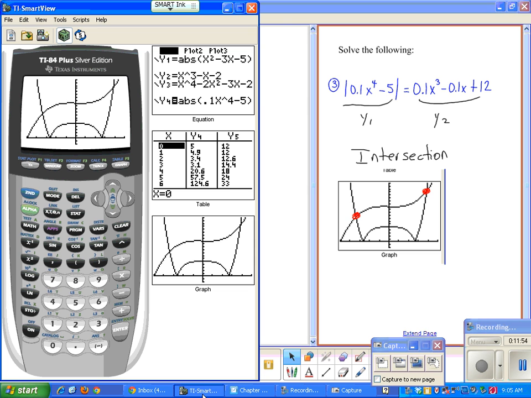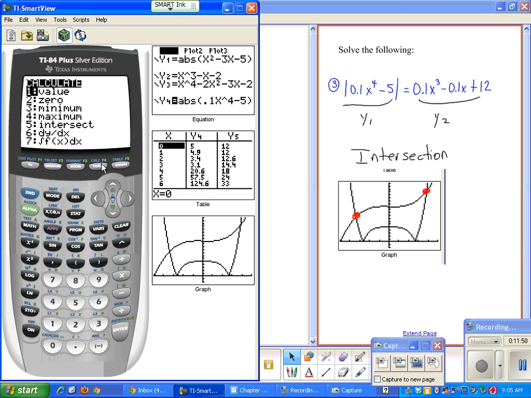So back with our calculators, we're going second, calc, and we are finding the intersection, which is number 5, and it's on the first curve. I'm going to get a little closer to this one here on the left, just so that we make sure we are getting each one. Okay, so it's on the first curve. Press enter. Yes, it's on the second curve now.